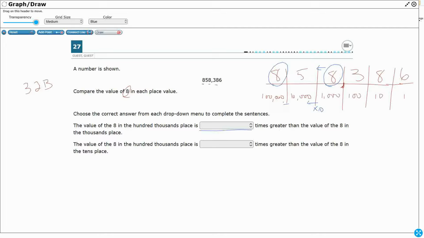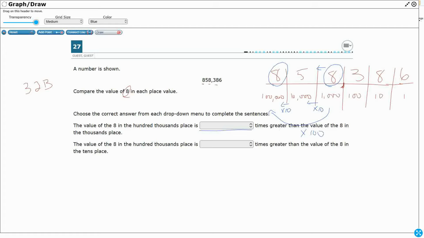Well, that's another 10. 10, 20, 30, 40, 50, 60, 70, 80, 90, 100. Now, if I wanted to go straight from my thousands to my 100,000s, how many 1,000s does it take to get to 100,000? Well, I can count by ones, and I'd be counting for a long time because it's times 100.